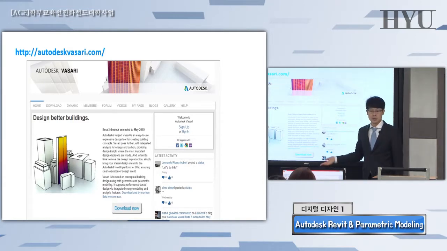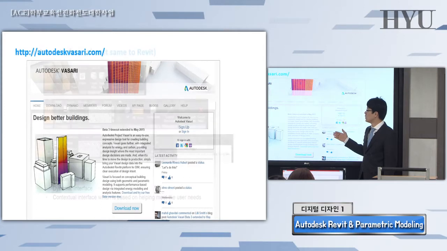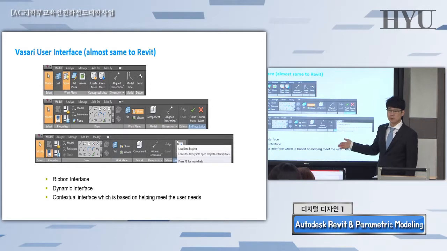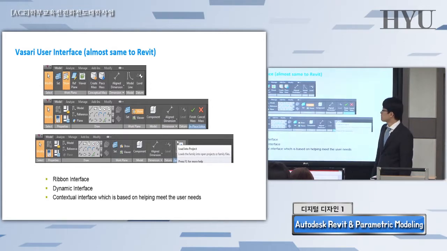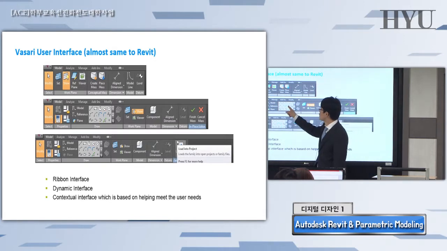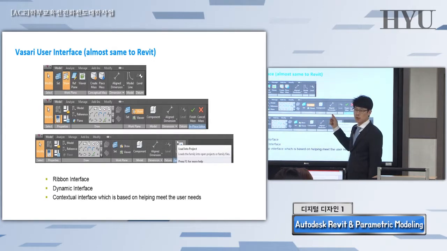Currently it's a beta version, but actually it looks totally like Revit. And if you save, the file extension is the same as Revit, RVT, okay? And it is totally compatible with Revit. But in this tool, you can find geometric shapes, mesh models, mesh editing, and some geometric controls, okay?